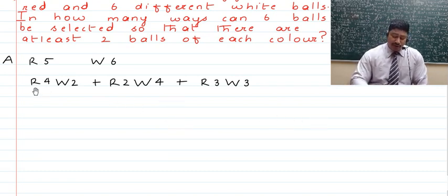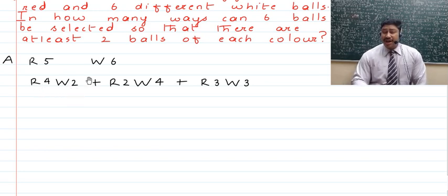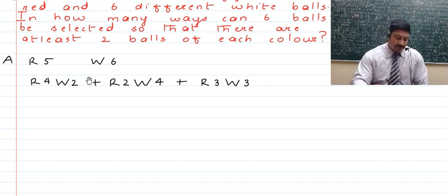When we talk about taking 4 red balls and 2 white balls, remember here we are talking about a choice. We are talking about a selection or a combination, that is the order is unimportant in each of these balls which are of a different type. That means they can easily be identified to be different balls.